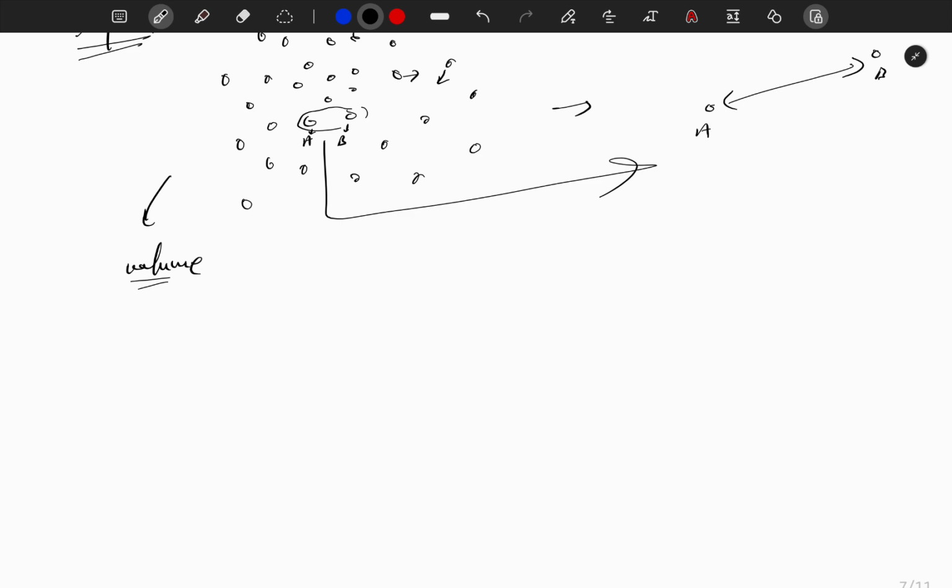Okay, so they have a definite volume, but they do not have a definite shape. If you pour milk into a glass, it will take the form of the glass, the form of the container.